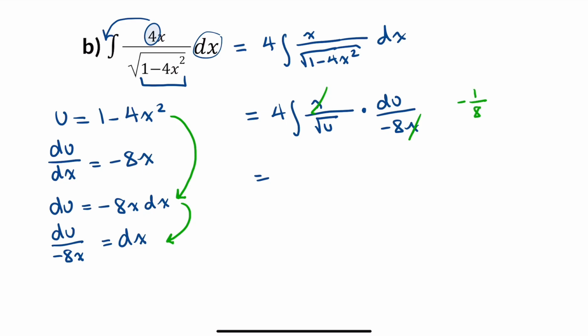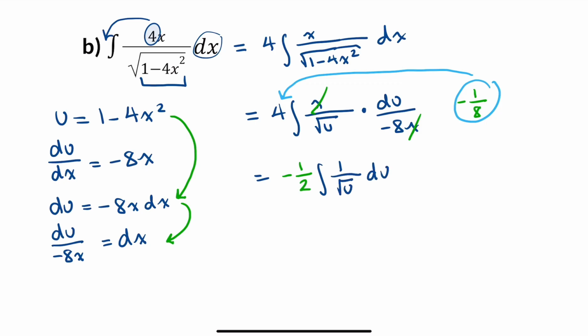And so what you can do is take this and pull it out in front of the integral sign and multiply it with the 4. And so when you do that, you're just going to get negative a half multiplied by the integral of 1 over root u du. However, I want to rewrite this in such a way where I can take its antiderivative more easily using power rule. And so I can rewrite this as u to the negative a half.